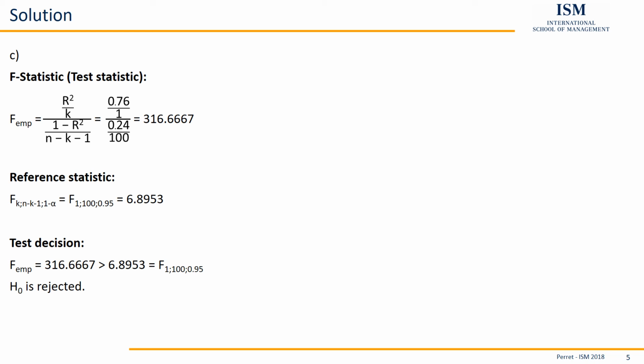Whenever we increase the number of observations, the chance of rejecting H0 increases as well. Well, reference statistic increases also, but not as strongly as the test statistic. So as soon as I get more observations, my chance of actually rejecting H0, showing that the model has explanatory power, increases.